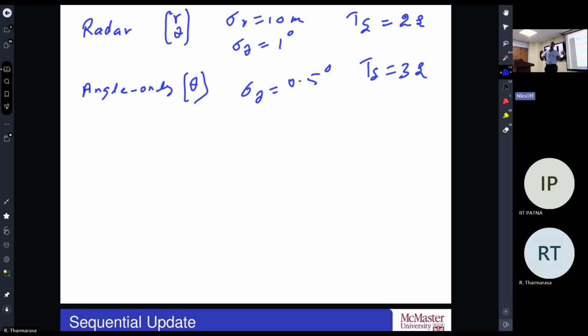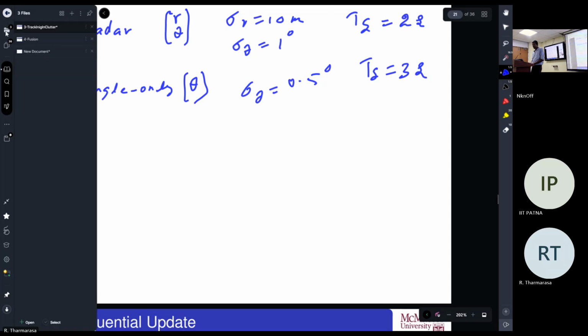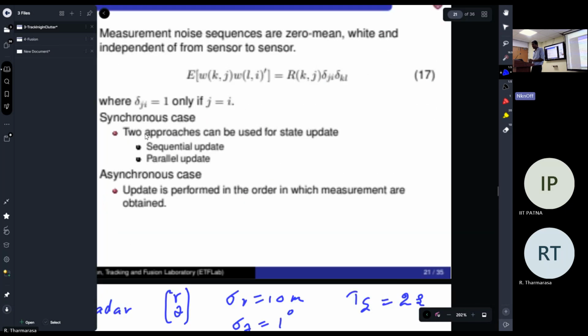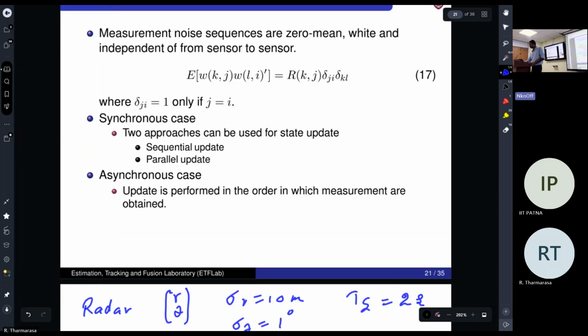Okay, so now we want to do the tracking. That means you give only one track. One track means one tracker produces the track by combining all these measurements. So now let's consider the time frame. In the slide, we say there are two approaches to do multi-sensor fusion.